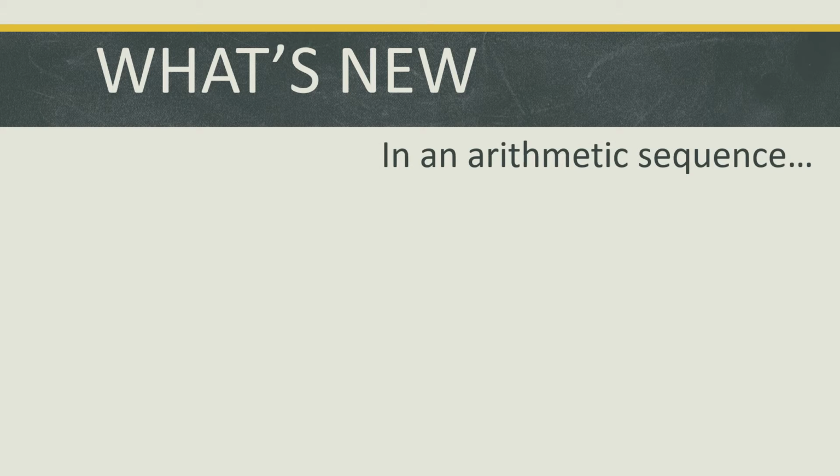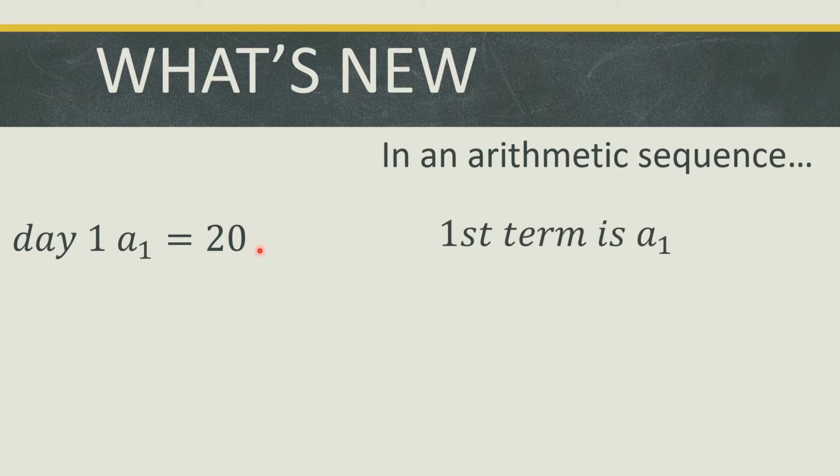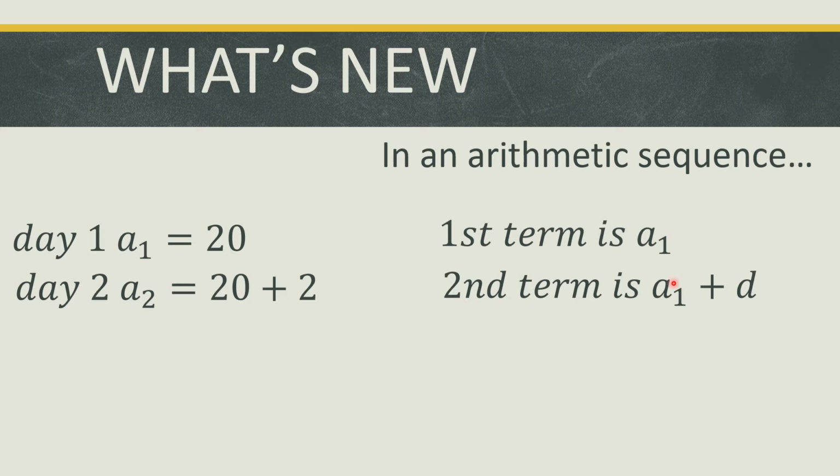So, based dun sa observation natin kanina, sa day 1, meron lang tayong 20 or yung first term natin. Sa day 2, yung first term plus 2, or yung a sub 1 plus d, or yung common difference. Sa day 3, minultiply na natin yung common difference sa 2. So, 2 times 2, that is 4.